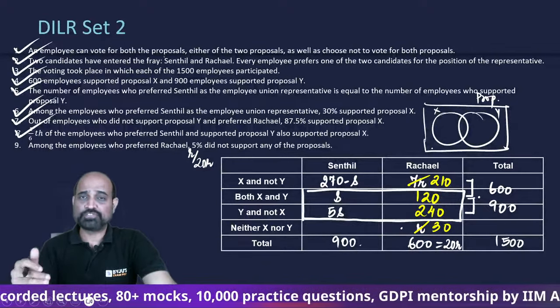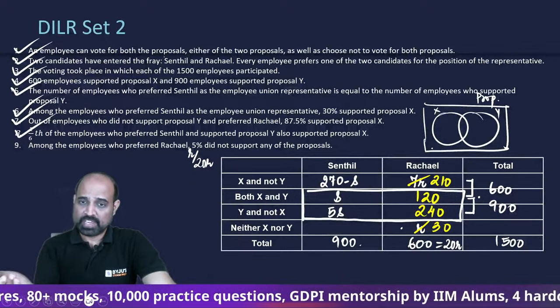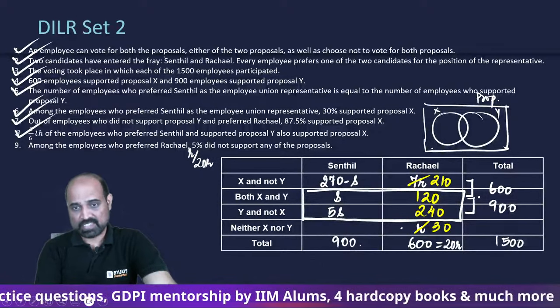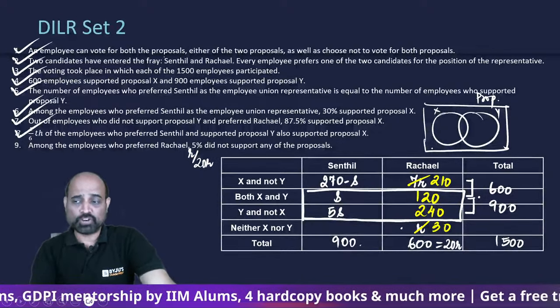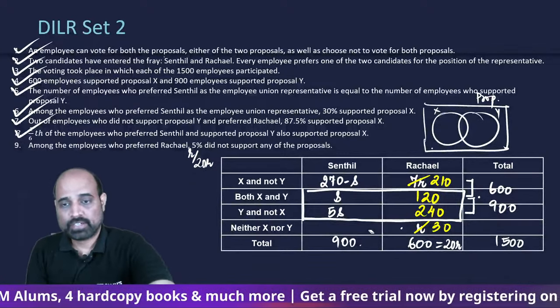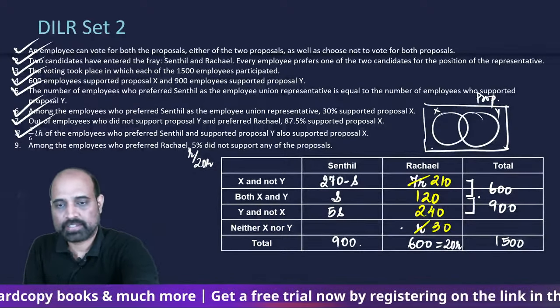So we are left with 540, and that 540 is equal to s plus 5s, which is 6s. So 6s is 540. That means s is going to be 90. So s हमारा 90 आ जाता है.